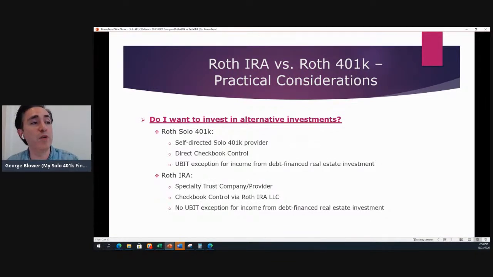And then, of course, the UBIT or really unrelated debt finance income tax differences can be very big if you're looking to invest in debt finance real estate investments. We've got another webinar on UDFI and UBIT with an expert. It's really a podcast with an expert. So check that out on our website if you want to go deeper on that topic.